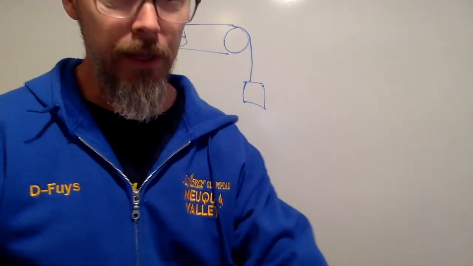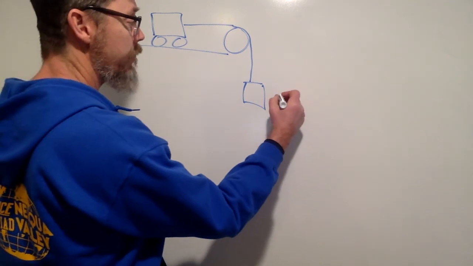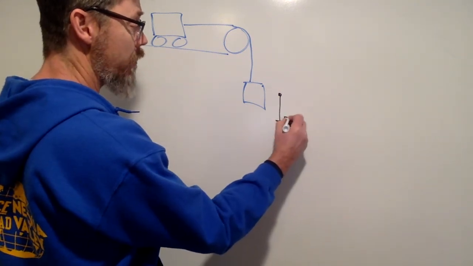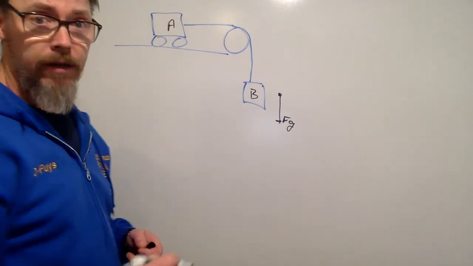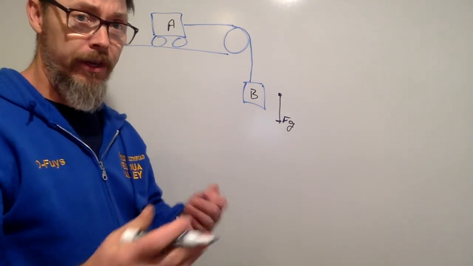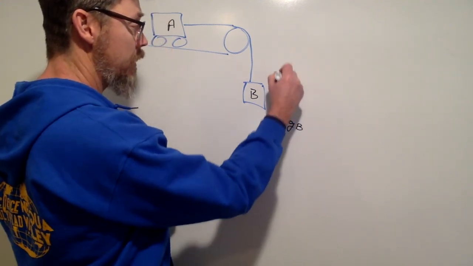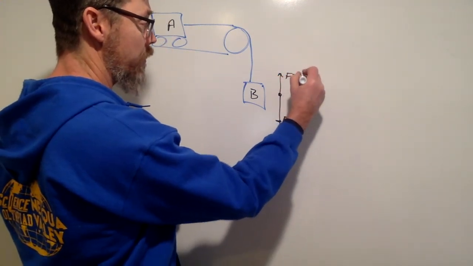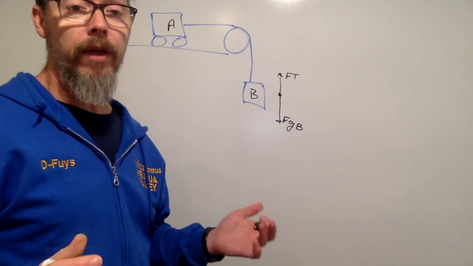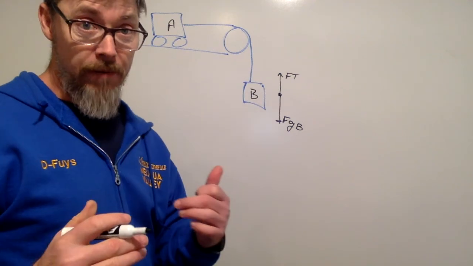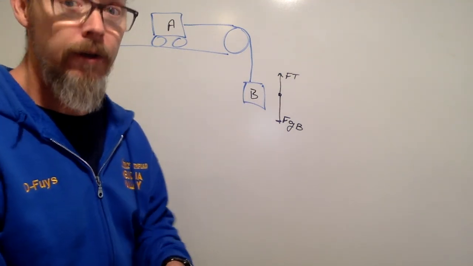After we let it go, the hanging mass here would have FG down, and I'm going to call this object B and this object A for the sake of keeping it straight in our mind. So this is the FG of object B, and there's a tension force going up. Now, because it's accelerating downwards, we know that the FGB must be greater than the tension force, or it wouldn't accelerate in that direction.